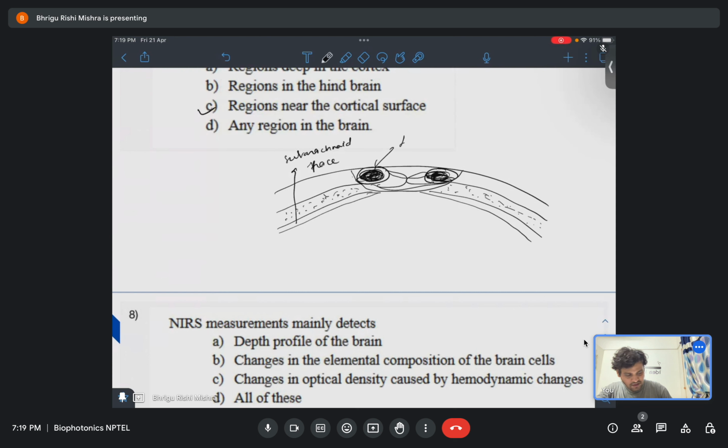This one is the optical detector. This one is the scalp, and this one is the skull.